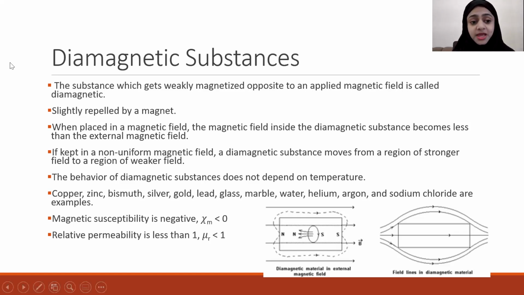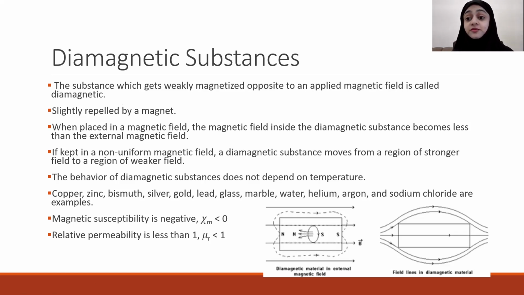Now, when we place a diamagnetic substance in a region where the magnetic field is non-uniform, then the diamagnetic substance moves from a region of stronger field to a region of weaker field. This is because they are slightly repelled by a strong magnetic field. They don't like to stay in a region where there is stronger magnetic field.